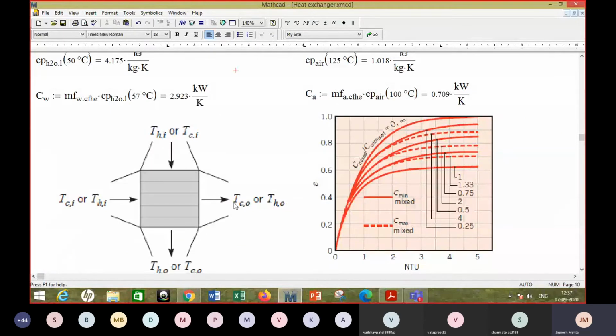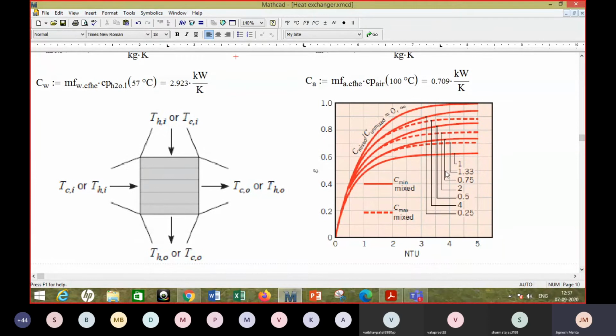In that case, this is the scheme that you are showing here. Now, what next? You have to find out NTU. So NTU is UA upon C minimum, right? Please find out NTU and tell me what value you get.